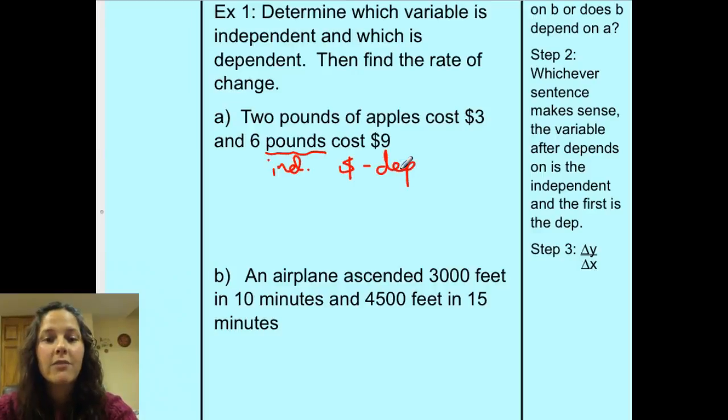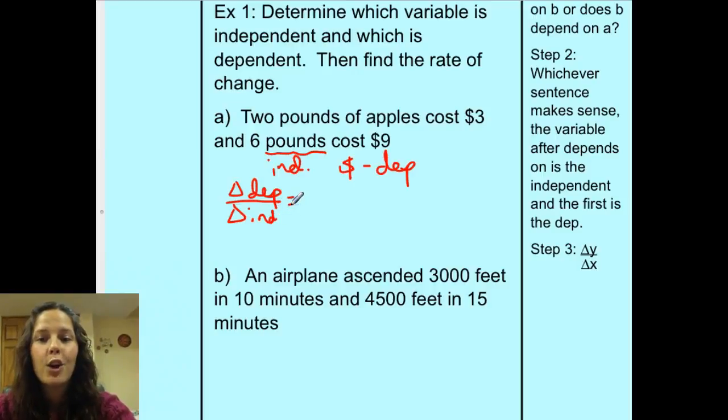So to calculate the rate of change, it is the change in the dependent variable over the change in the independent variable. So the change in cost, the cost went up from $3 to $9, so we had an increase of $6.